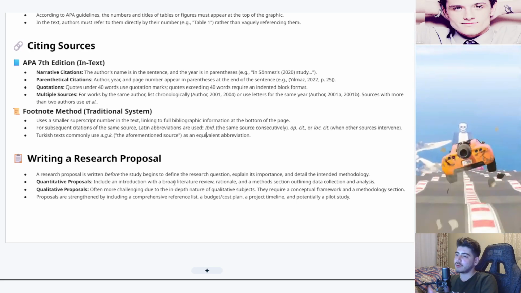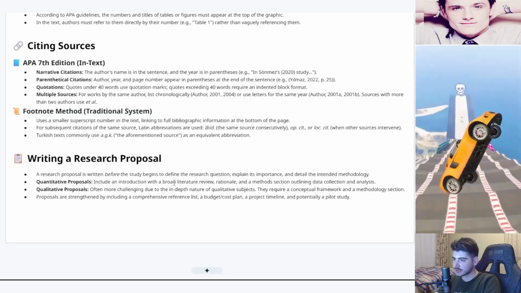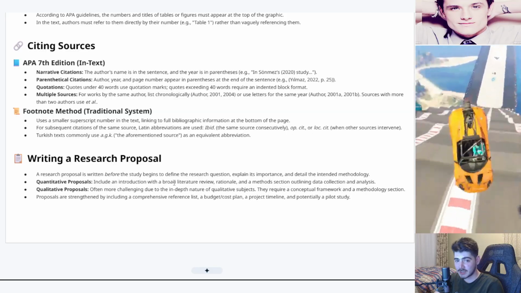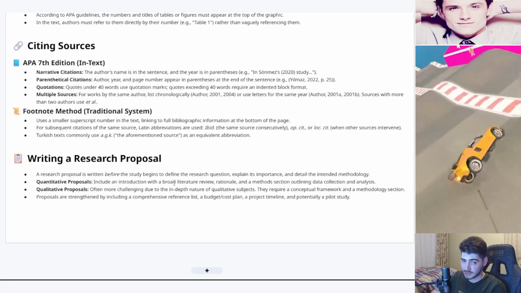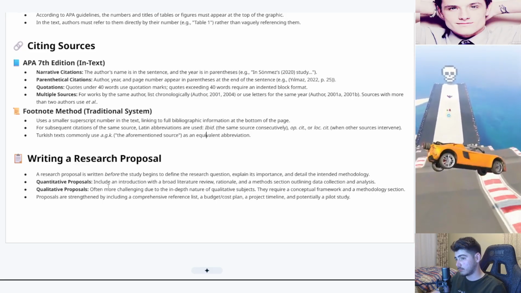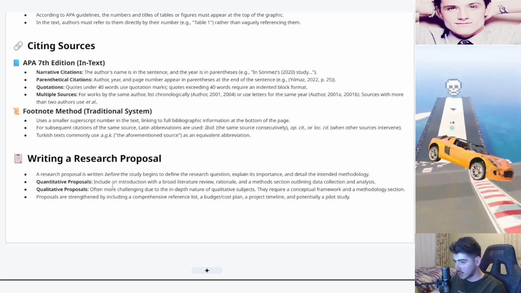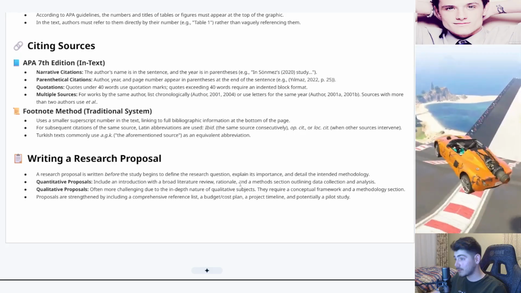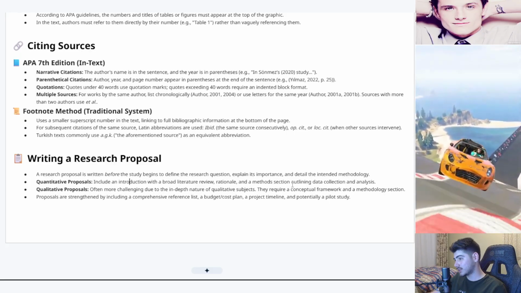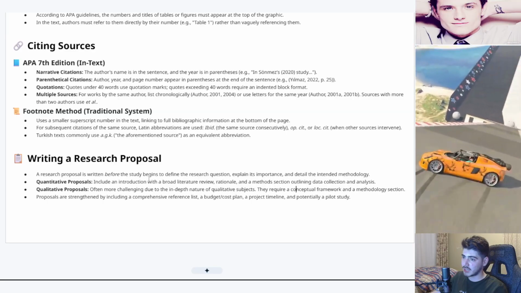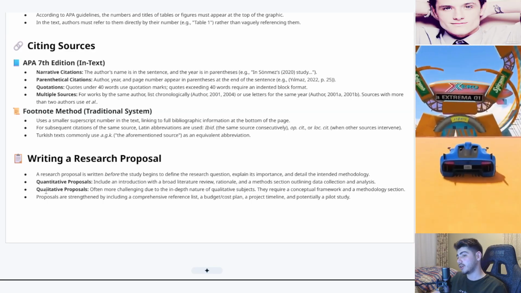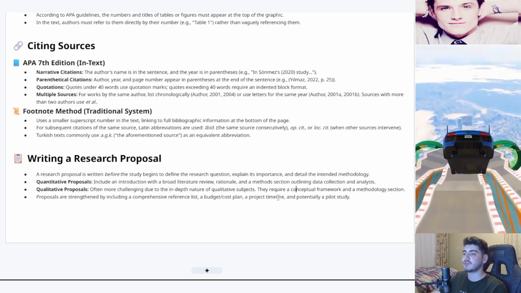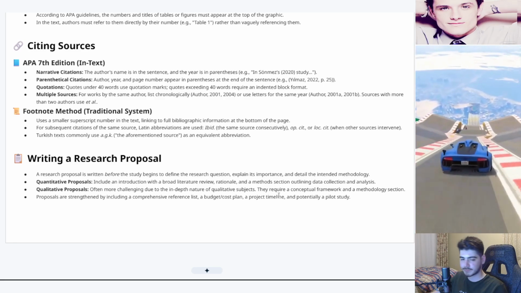A research proposal is written before the study begins to define the research question, explain its importance, and detail the intended methodology. A quantitative proposal includes an introduction with a broad literature review, rationale, and a methods section outlining data collection and analysis, whereas a qualitative one is often more challenging due to the in-depth nature of qualitative subjects.